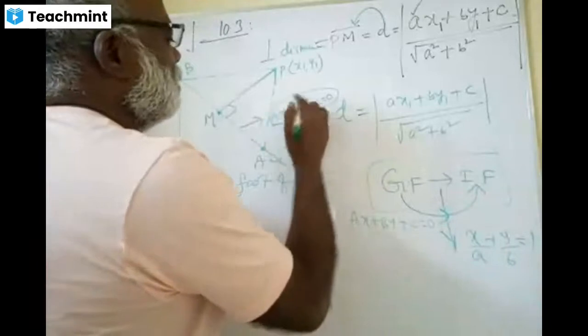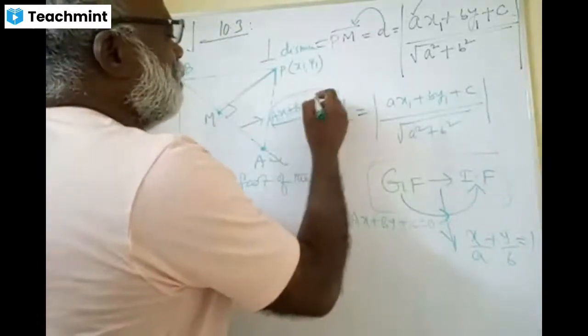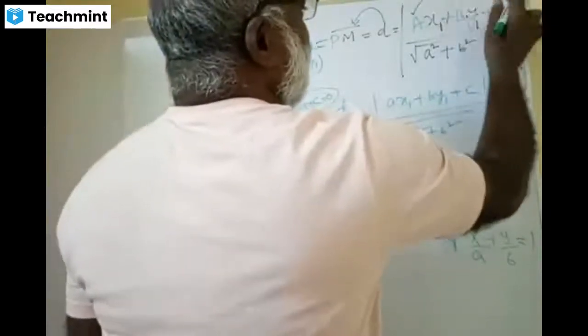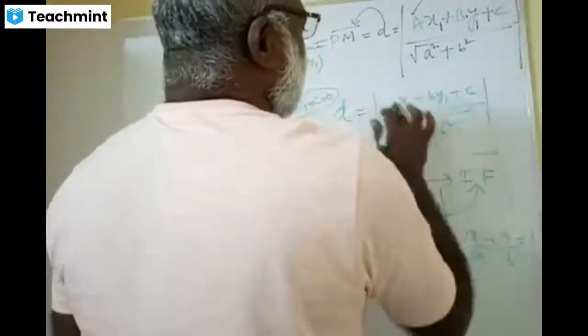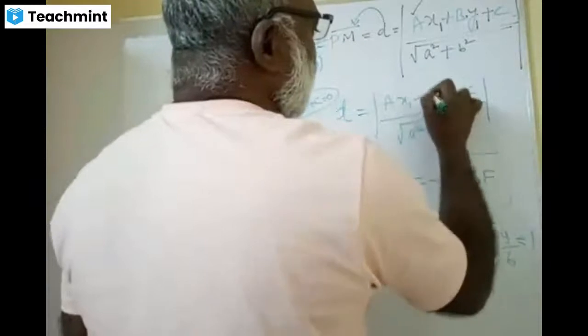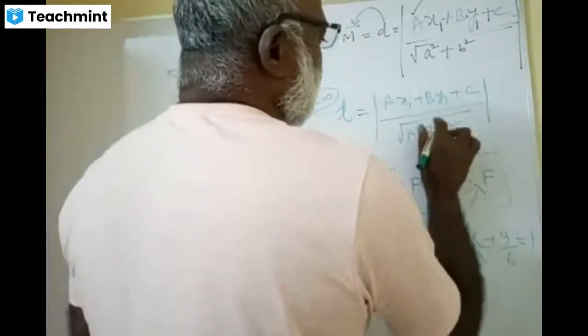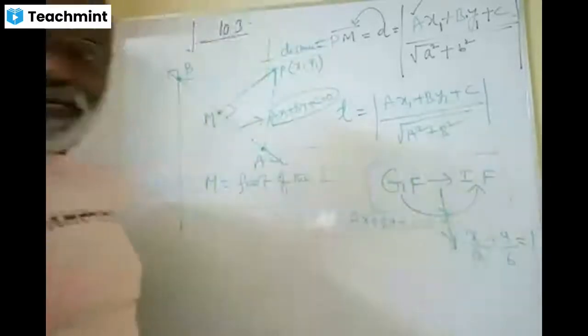No problem. The distance formula is the modulus of Ax1 plus By1 plus big C, over the square root of big A square plus big B square. That's it, okay?